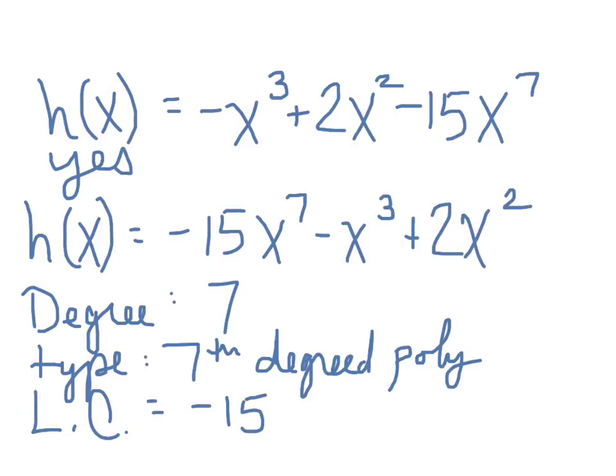Or if it had something like 5 over x to the 4th, no. If you have a fraction where the letters are in the basement, absolutely not. So 2 of your questions are like this, where you identify all the pieces, and then you're done. Hopefully there are some easy ones there for you.